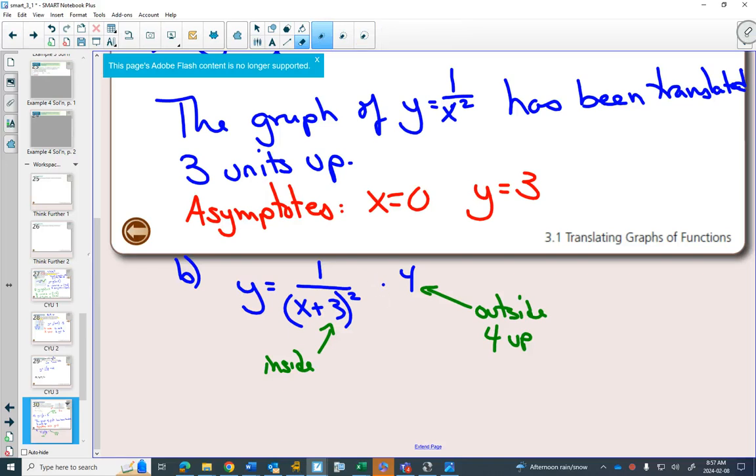The problem with scrolling down and trying to use my memory, which failed there. So -4, and so I also have to change, it's no longer 4 up, right? If it's a -4, that would be outside and 4 down. Here we have something inside, and that inside will mean 3 left or right? Left. Always, for the inside part, always the opposite direction of what you see.